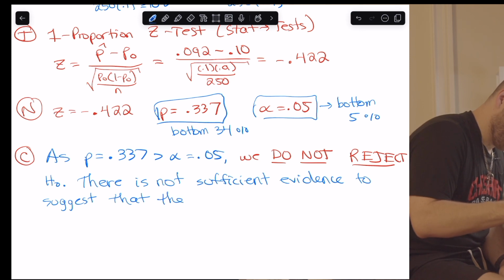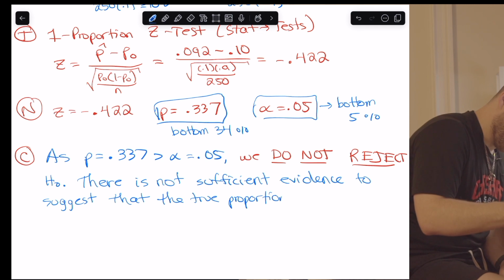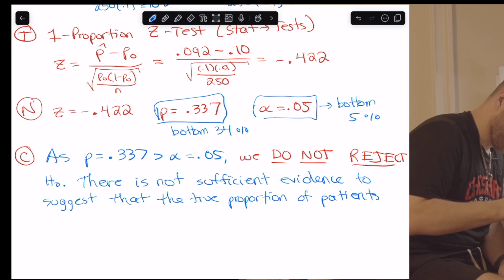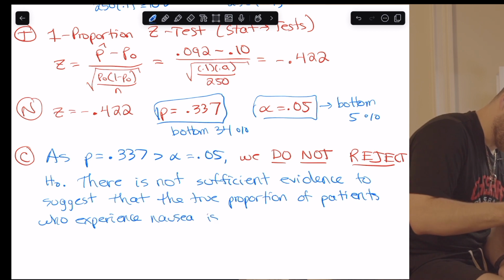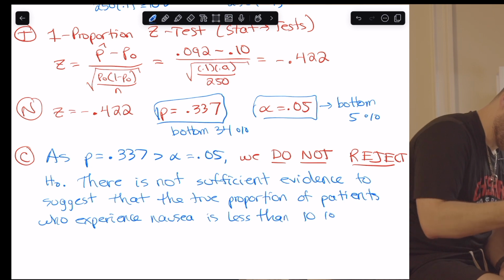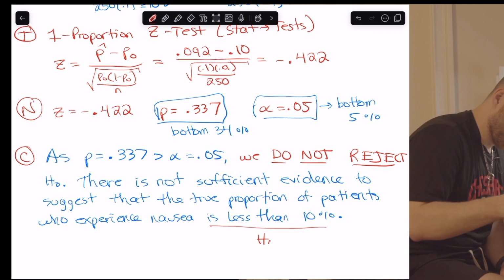The true proportion of patients who experience nausea is less than 10%. So again, notice here, this is a statement about my alternative.